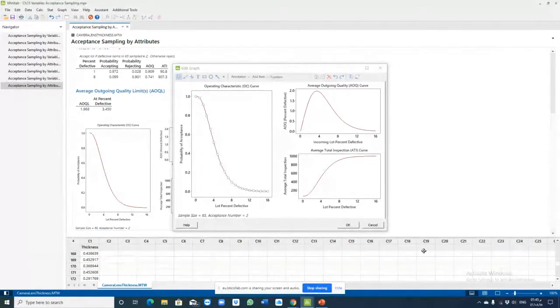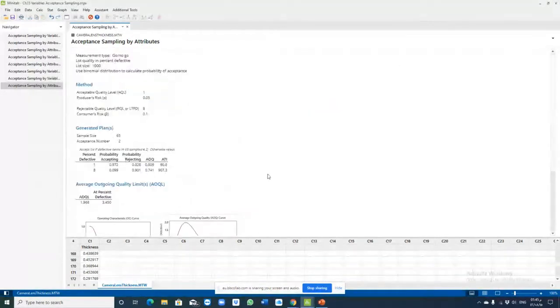And the second part, which is the important part, is the sample size that you are going to take and the number of defectives that is acceptable. Minitab here gives you that information: accept lot if defective items in 65 sampled is less than or equal to 2.